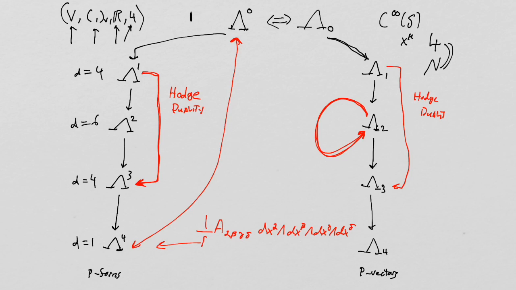Usually there's a 1 over p factorial here, and these coefficients are understood to be totally antisymmetric, and they would be the same coefficients that you would see in the same expression with alpha beta gamma delta, dx alpha tensor dx beta tensor dx gamma tensor dx delta.